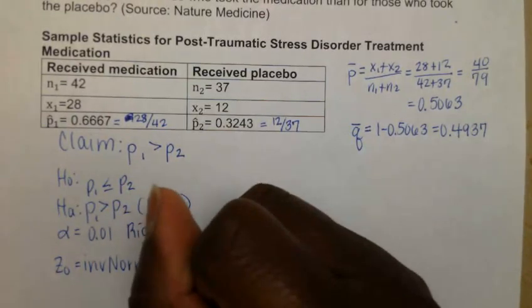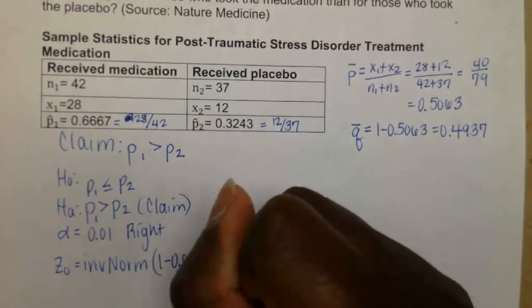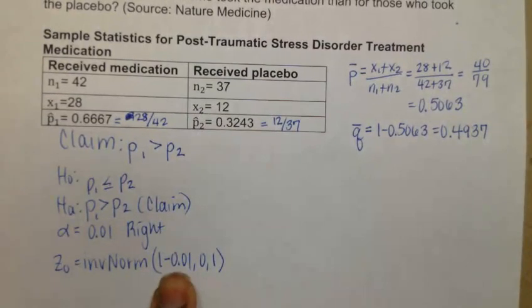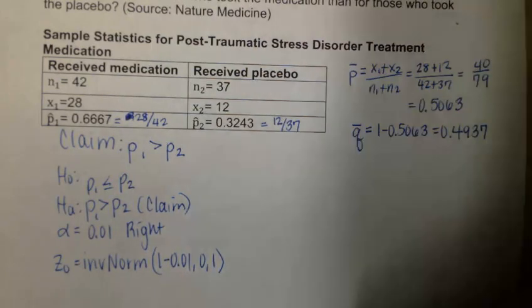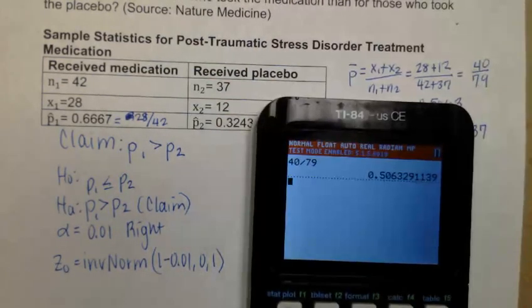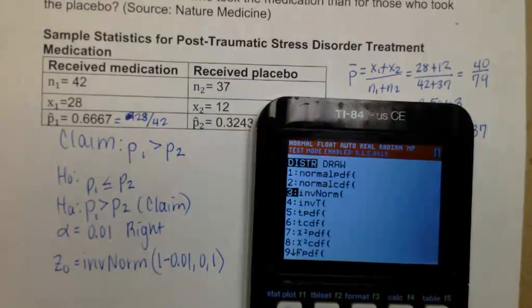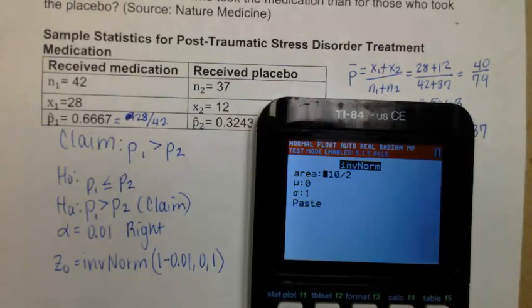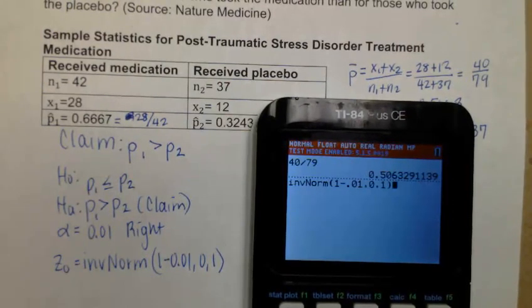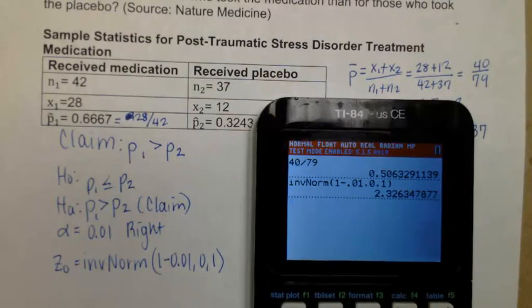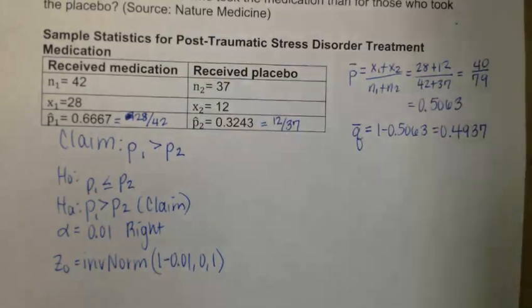I don't have a left, right, or two-tail calculator, so I have to manipulate my level of significance to make it right. So 1 minus 0.01 gives 2.33.